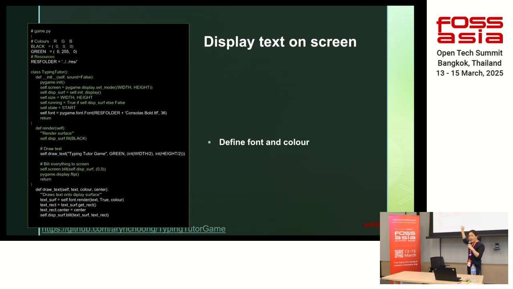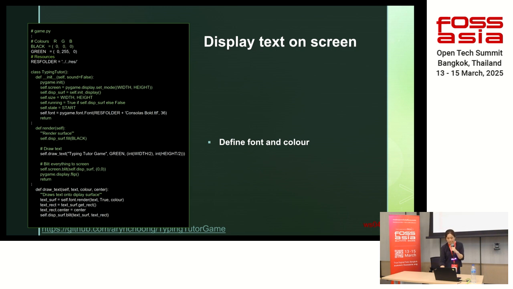Now we define our text. What text do we have? We have start, playing, game over. Simple as that. And same here, we draw the text. We prepare the rectangle where we have our text, and the color of the text that I've defined as green above, and then we blit it to the surface.